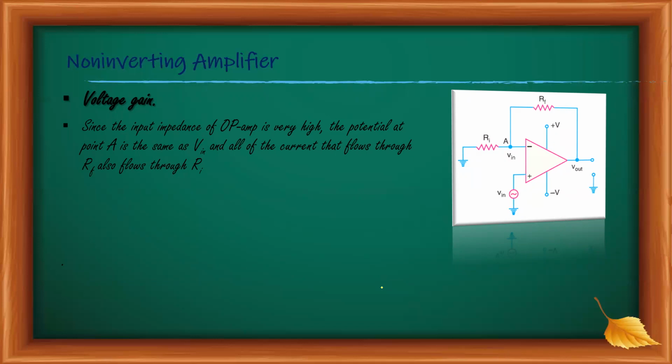So the current through the terminals plus and minus, inverting and non-inverting, must be 0. So the current flowing through Rf must flow through Ri.